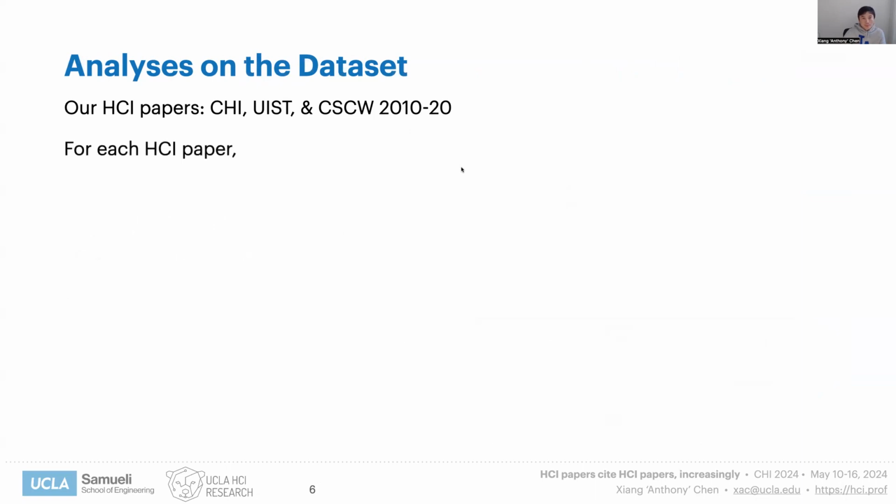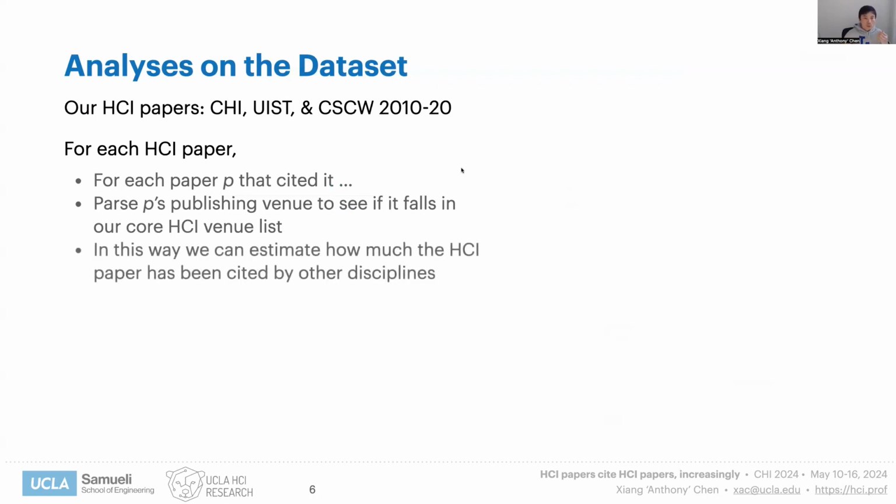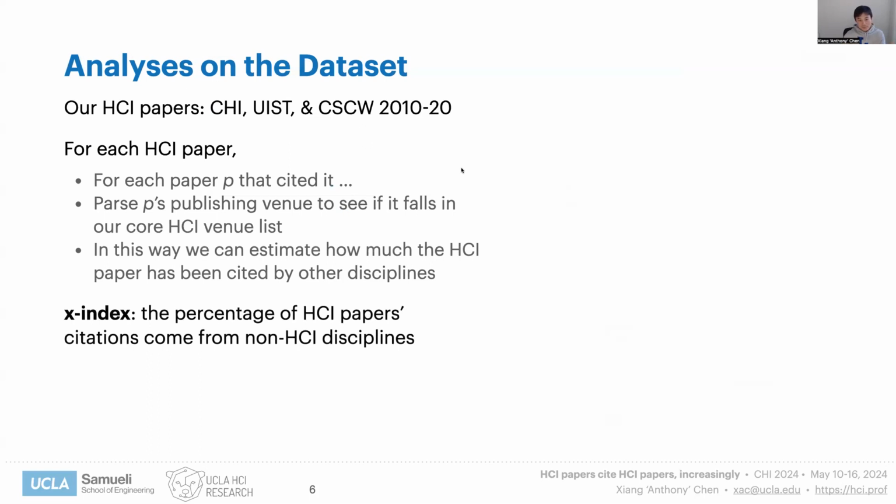For each of these papers, and for each paper P that cited that HCI paper, we parse P's publishing venue to see if that falls in one of our core HCI venues using simple keyword matching, which allows us to estimate how much the HCI paper has been cited by other disciplines. We have a name for this measurement called X-index, which refers to the percentage of HCI paper citations coming from non-HCI disciplines.